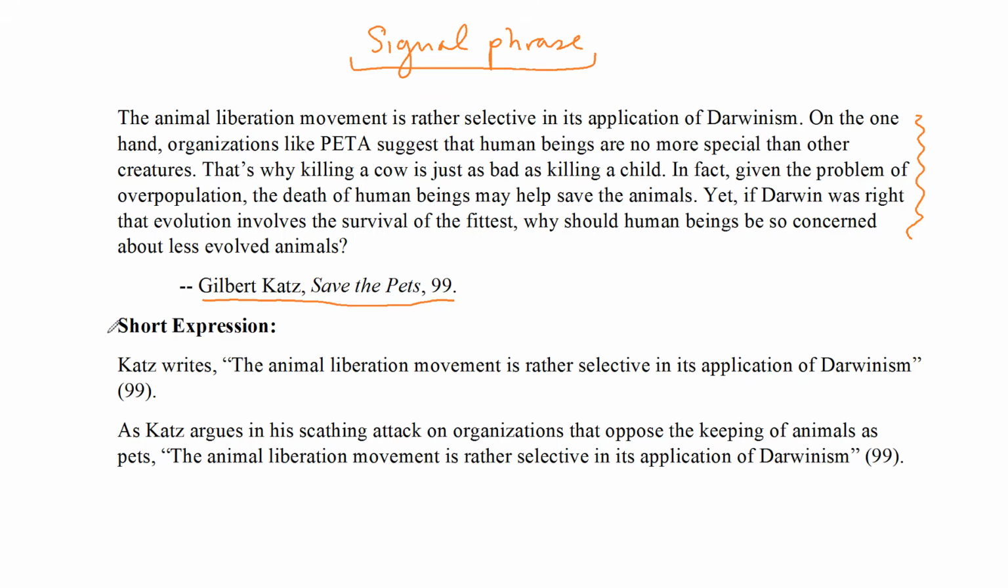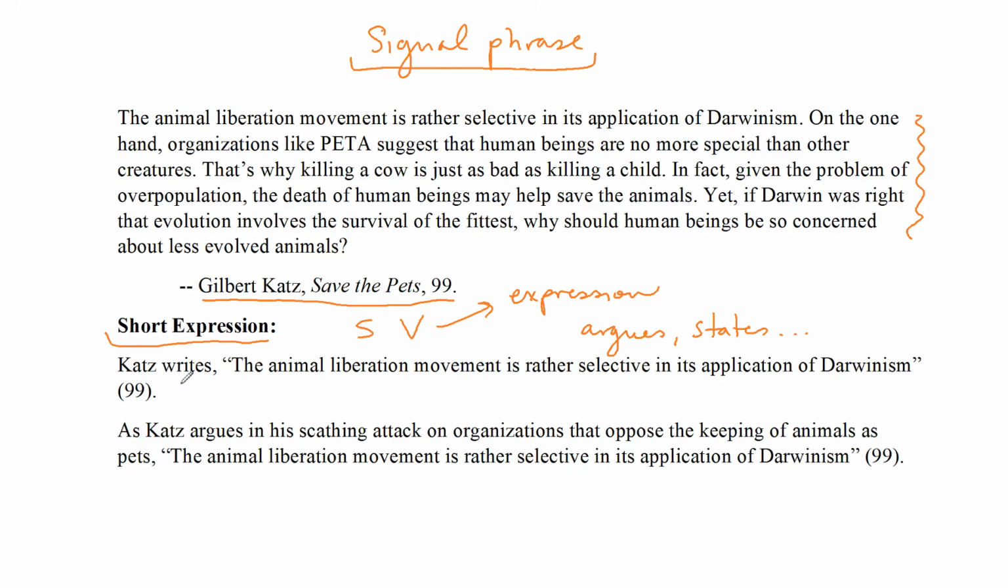Our first pattern is what's called the short expression, and what this consists of is a subject, often the author you're quoting, and then we have a verb, and the verb is what's sometimes called a verb of expression. So these are verbs such as argues, or states, or insinuates, or implies, or suggests, verbs that show that the author is expressing some kind of opinion.